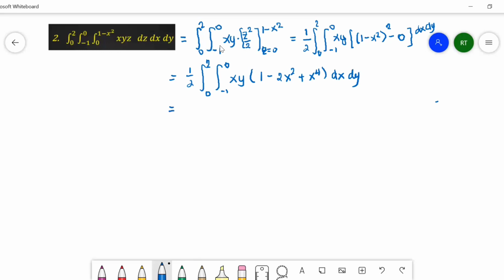If we distribute xy in the quantity 1 minus 2x squared plus x to the fourth, it gives us 1/2 integral from 0 to 2, -1 to 0 of xy minus 2x raised to the third power y plus x to the fifth power y, dx dy. We are now ready to evaluate the integral in x.